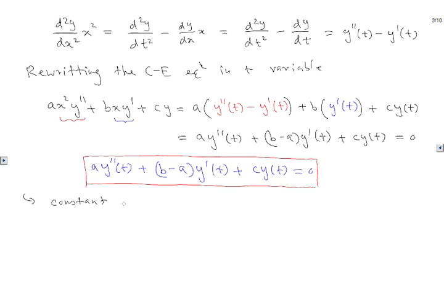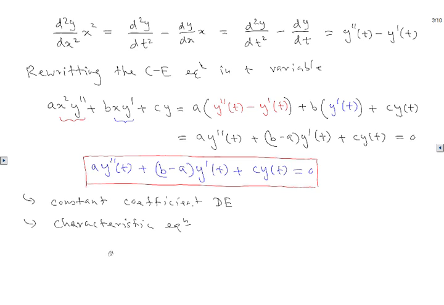So for a constant coefficient differential equation, what we normally do is look at the characteristic equation. The characteristic equation is simply where we replace the derivative by lambda.